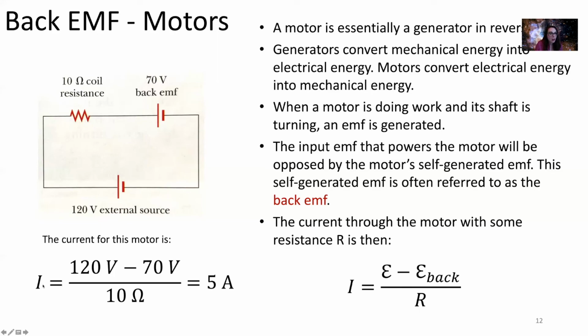So the current, for example, in this situation that I have right here, if the motor is supplied with a 120 volt external source, its motion on its own generates a back EMF of 70 volts. You subtract those, and so then the total effective EMF is less than what it's being supplied with because of its own motion. And we divide that quantity by the resistance of the motor, and then we get the current that's running through the motor.